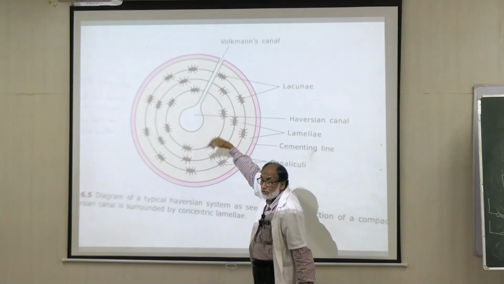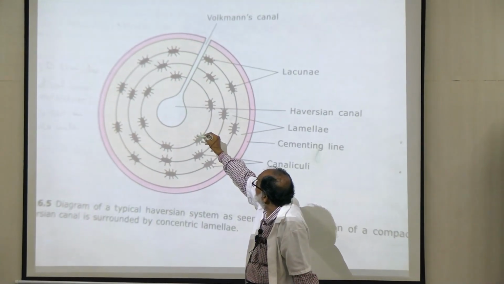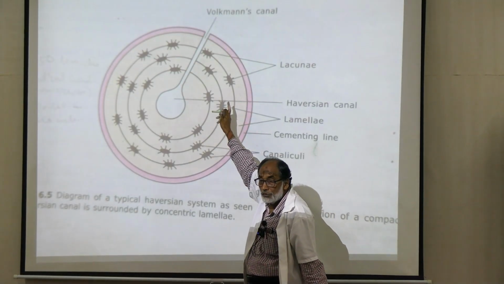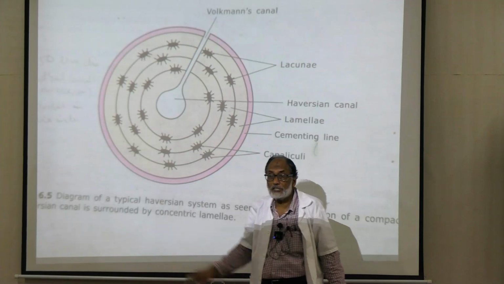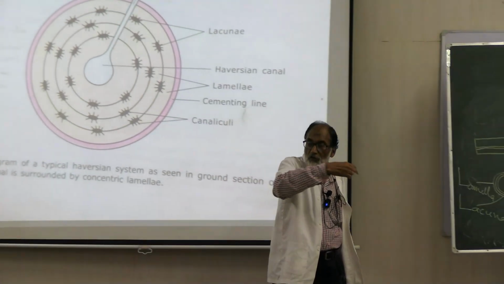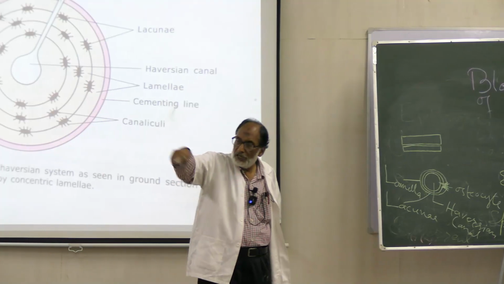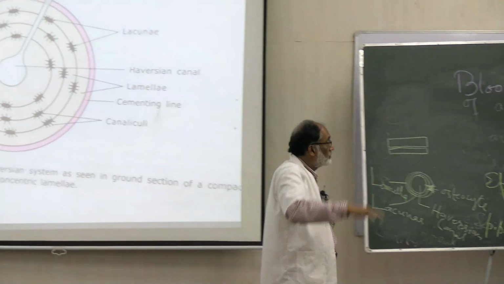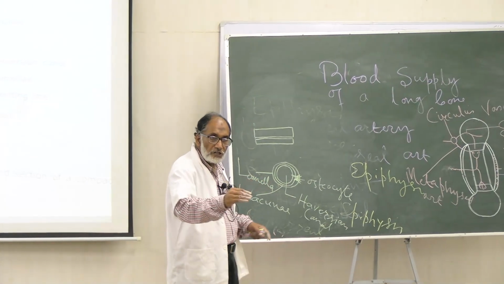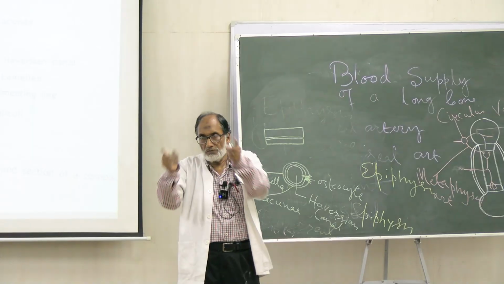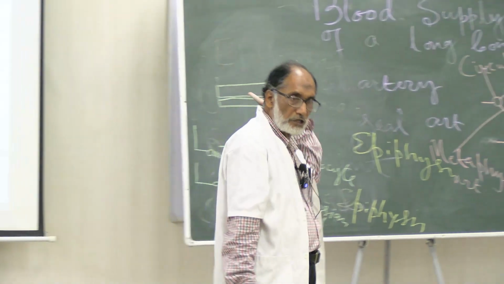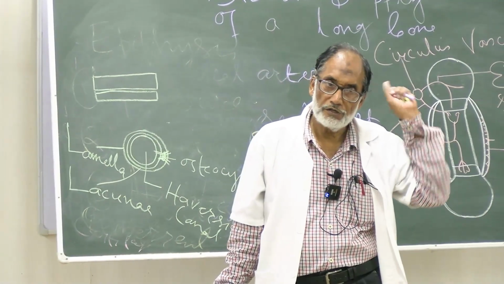This connects one osteon with another osteon, and it also connects to the exterior through the periosteum, and internally it may go up to the medullary cavity. So it connects the Haversian canal with the medullary cavity inside and the periosteum outside, right?